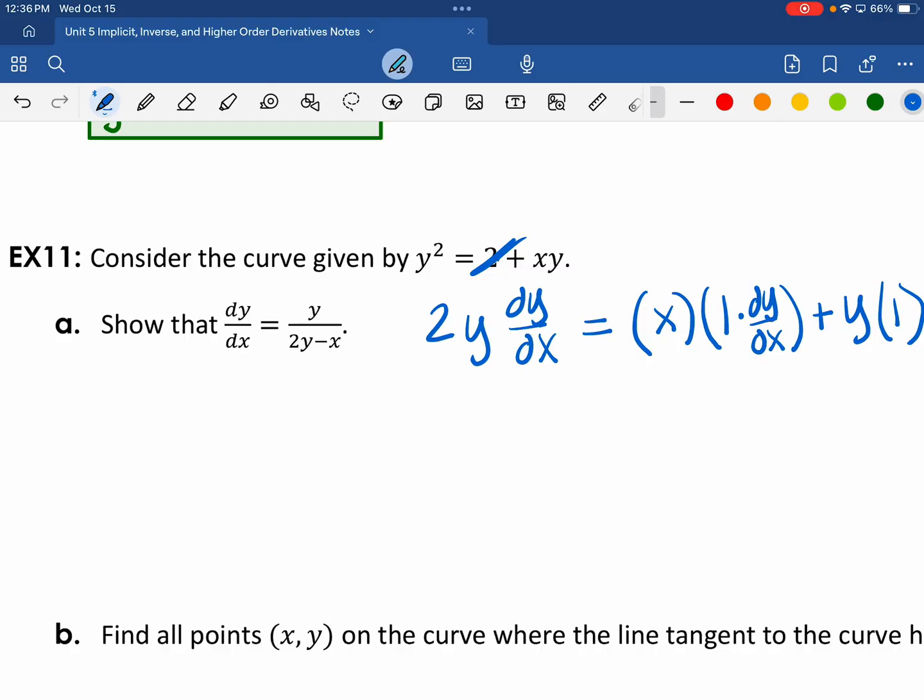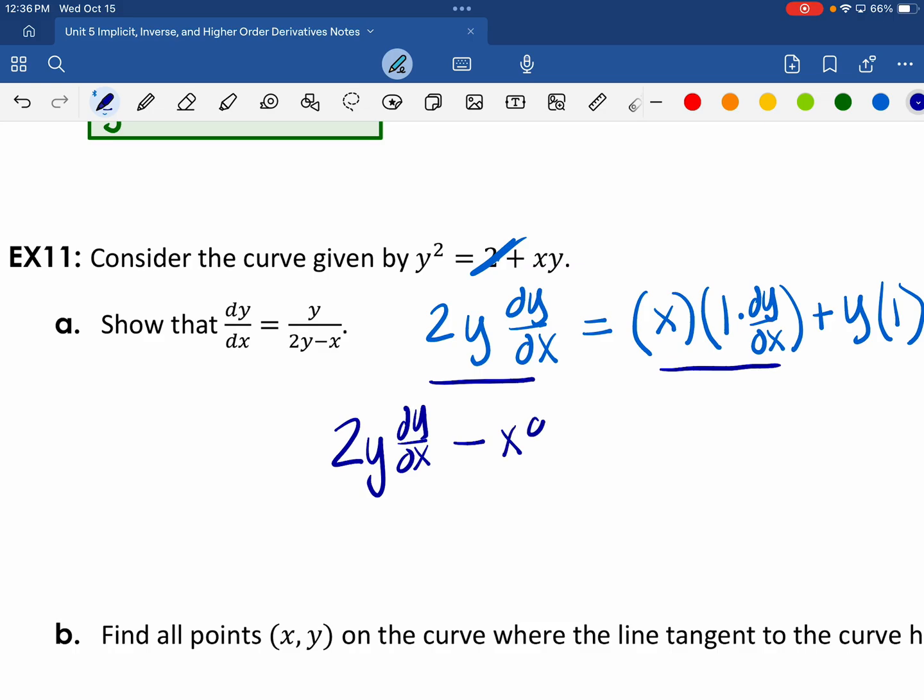All right, so from here, we got to move anything with a dy dx to the left side. So this has a dy dx and this has a dy dx. So we need to move the x dy dx over to the left. So I'm going to have 2y dy dx minus x dy dx equals, and then this y here is staying on the right side.